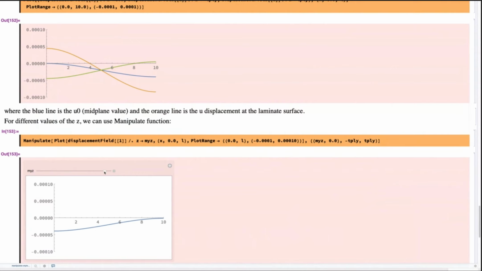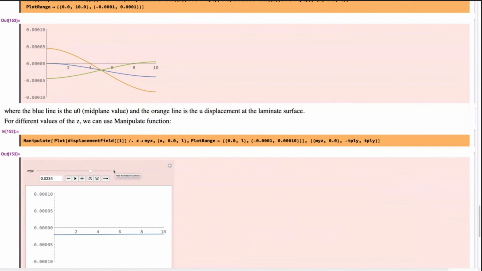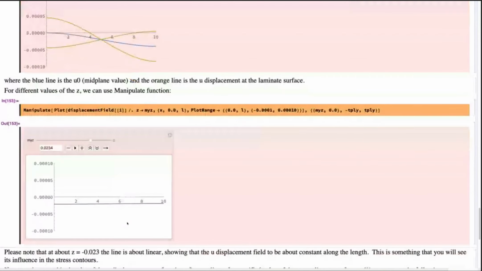But note that there is a place in there where the u displacement is almost constant everywhere along the length at a certain location through the thickness, z. So along the z direction, that z location is 0.0234, okay? It becomes a line.